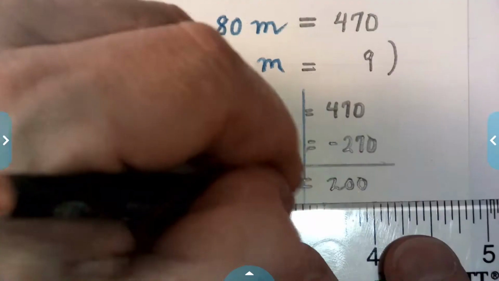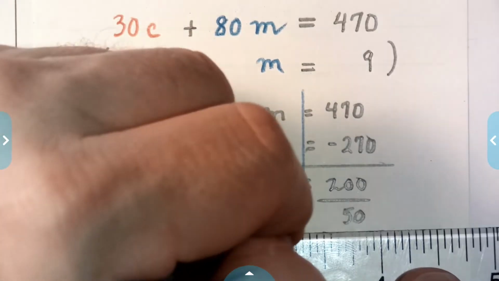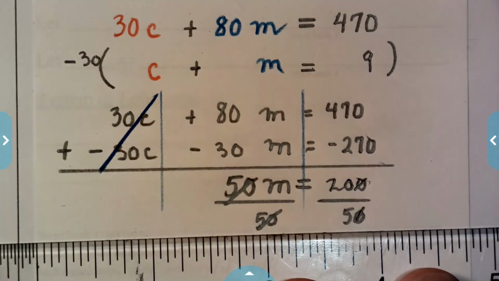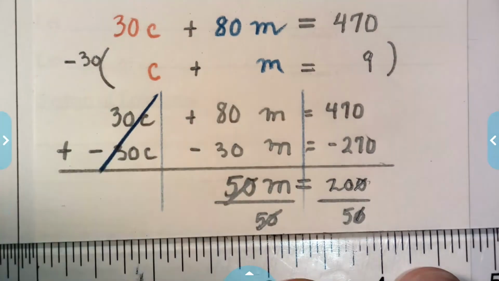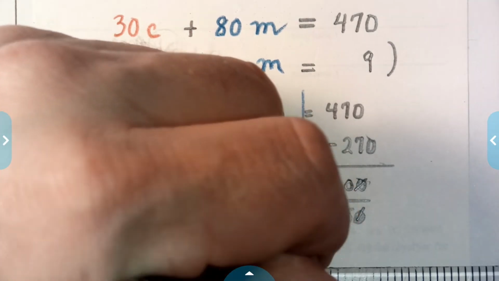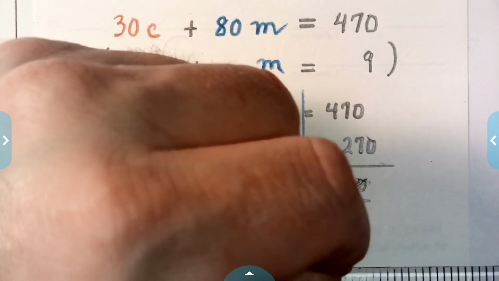And so you see the math looked hard, but now it isn't. We divide both by 50. Cancel, cancel. And then you can cancel the zeros. 20 divided by 5 is 4. So M equals 4.